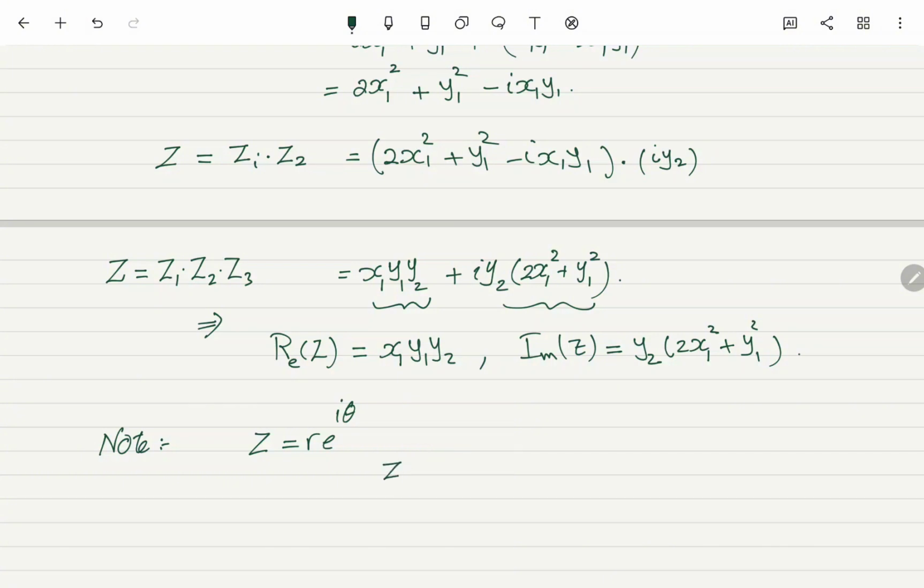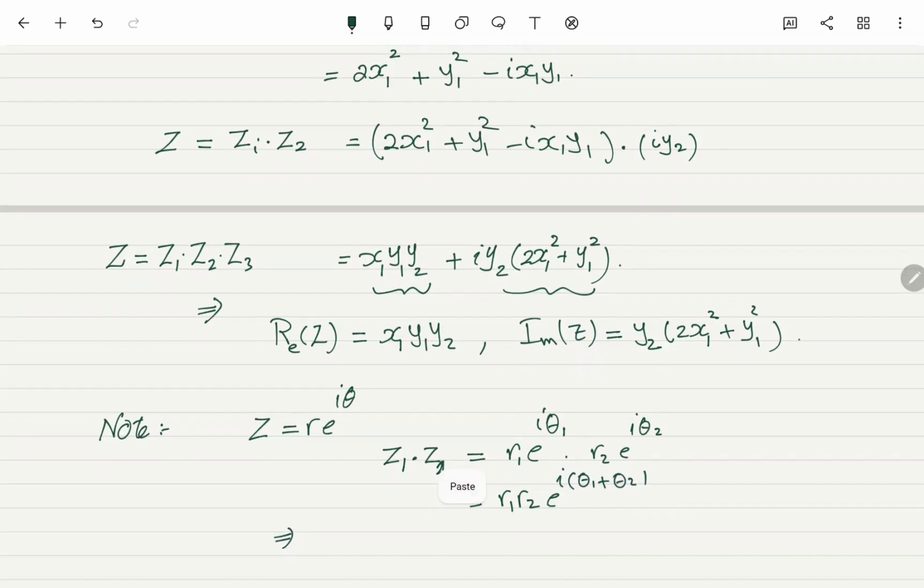Therefore, z1 times z2 equals r1 e to the i theta 1 times r2 e to the i theta 2. In other words, it's equal to r1 r2 e to the i (theta 1 plus theta 2).